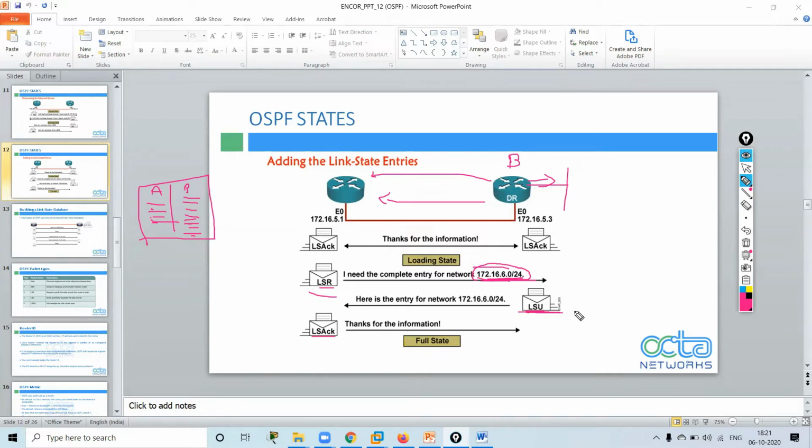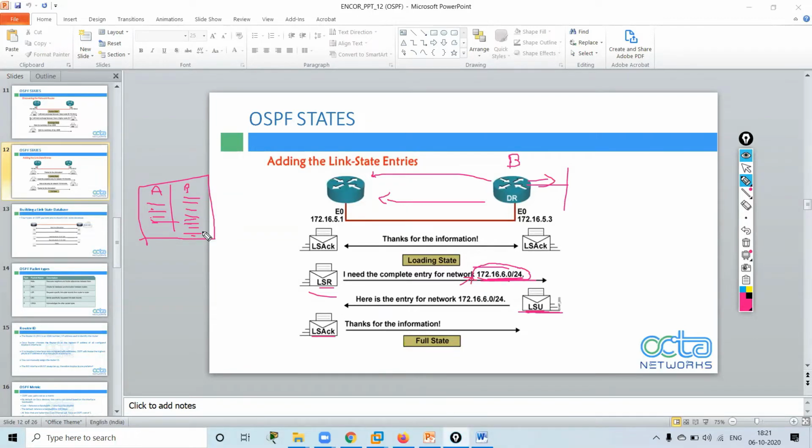Okay. DBD doesn't have those routing information, right? It's having only the neighbor router IPs, neighbor routes and the next hop address. So first of all, A will not have the entry of this network. A is not knowing about this network.